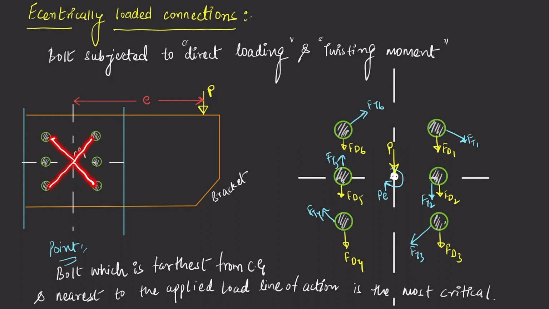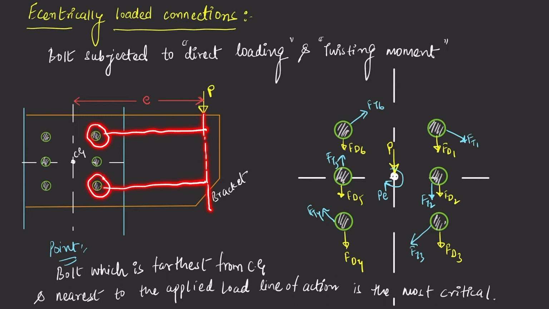These are the 4 bolts having the maximum distance from the CG. And one more point is that it is nearest to the applied load line of action. The line of action of the load is like this, and the bolts nearest to this are bolt number 1 and bolt number 3. So bolt number 1 and bolt number 3 are the most critical bolts.